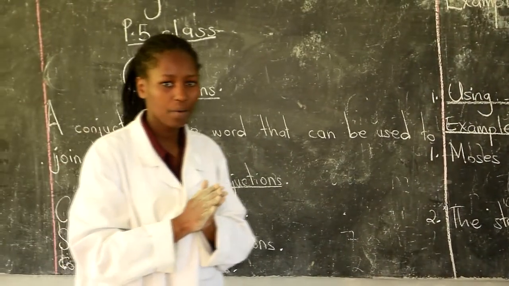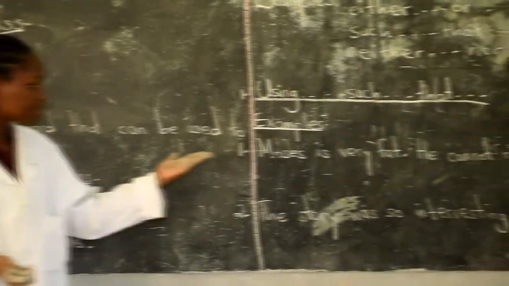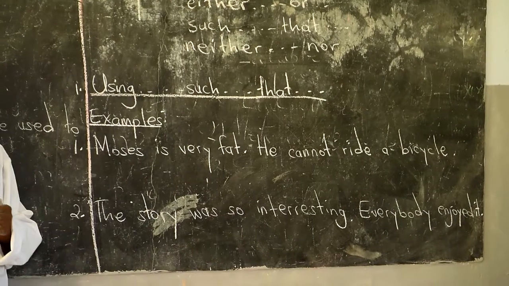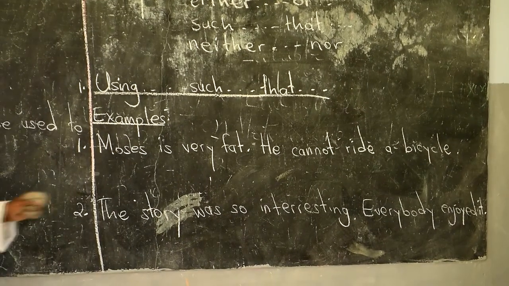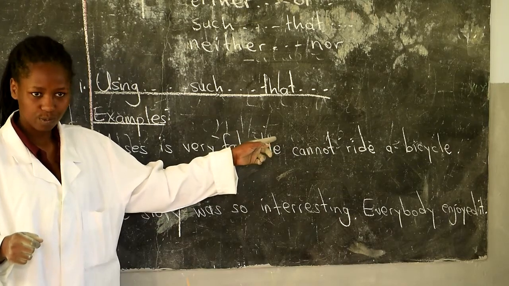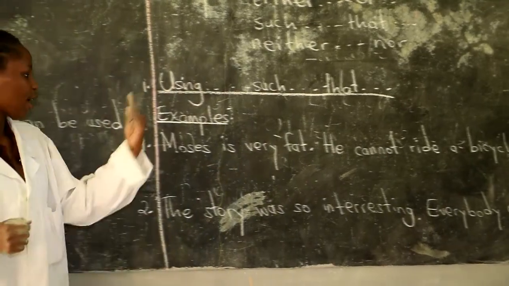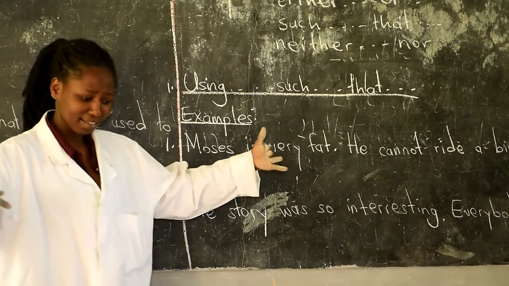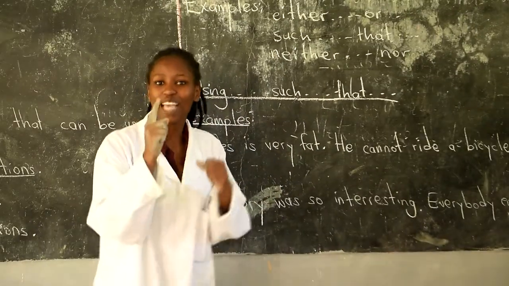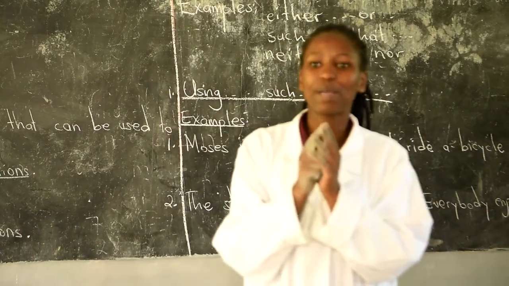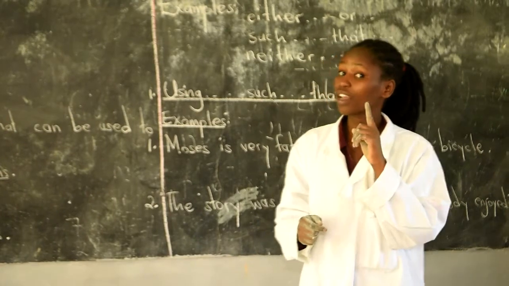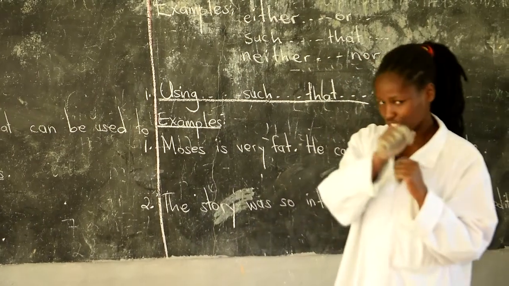Example number 1. Moses is very fat. That is one sentence. He cannot ride a bicycle. These are two sentences, but we want to join them into one sentence because that's the use of a conjunction.